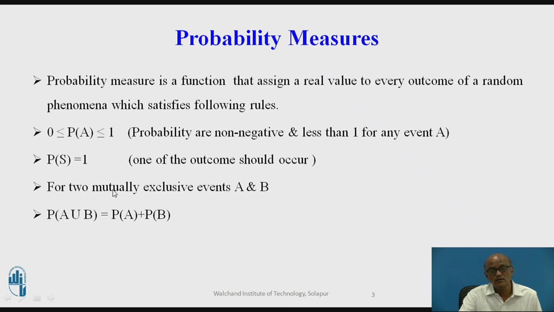And the third condition is that if we consider two exclusive events, where either one or the other occurs, the probability that either A or B occurs is the sum of the probability of A and the probability of B, if A and B are exclusive events.